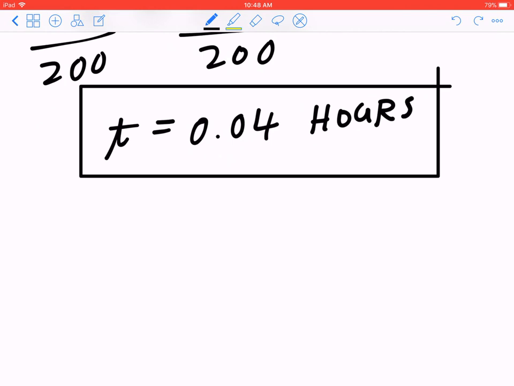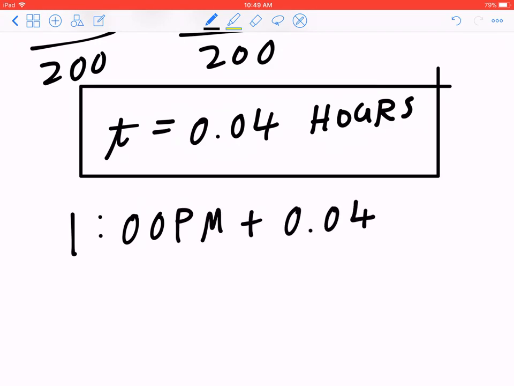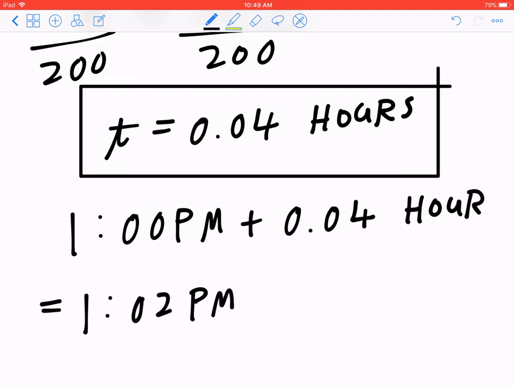So if you look at 1 p.m. and you're adding 0.04 of an hour, you can rewrite this as 1 o'clock and 2 minutes. So again, 1 hour has 60 minutes. You can take 0.04 times 60, and if you round this, it's approximately 1:02 p.m.